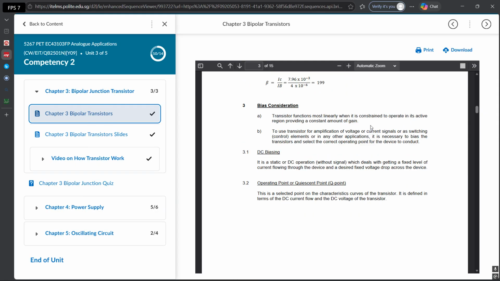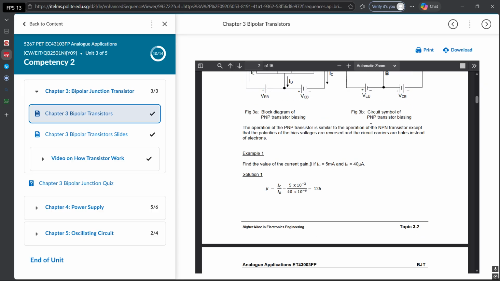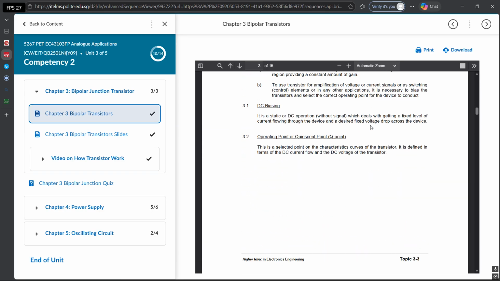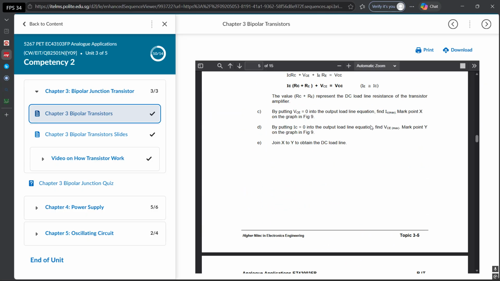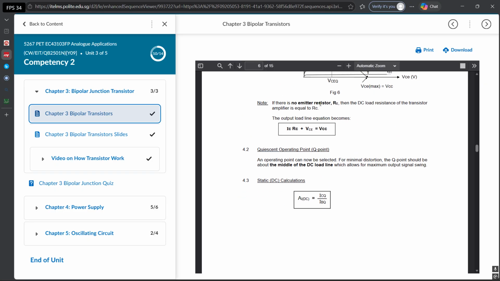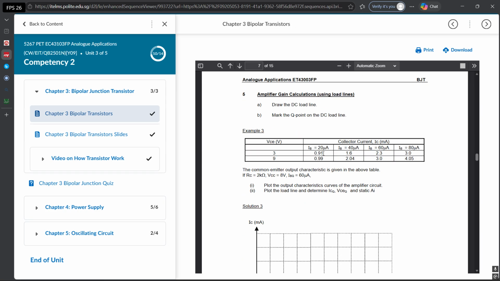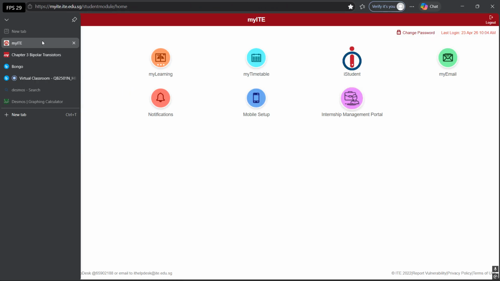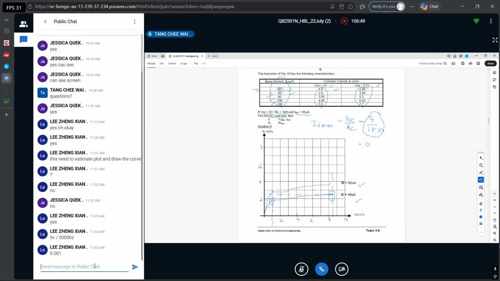So if 9 volts is divided by 1K, I will get 0.009.